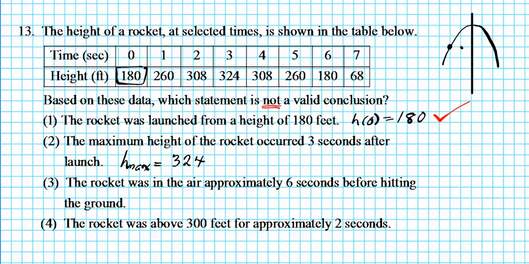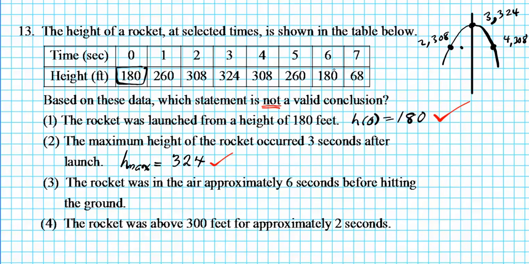So we have the symmetry here between 2 and 4. So the center term, which is 3, gives us a maximum height of 324, okay? And then here we have 4, 308, which is smaller, and then 2, 308, which is smaller. So we can easily see that 3 seconds after launch, we end up at the maximum height of 324, and that option is correct.